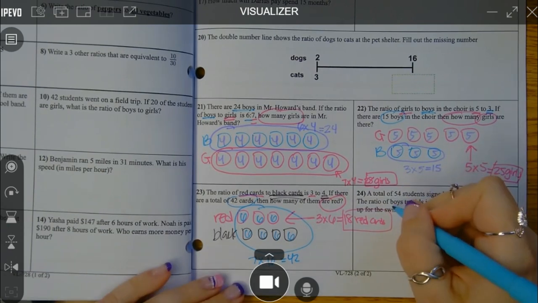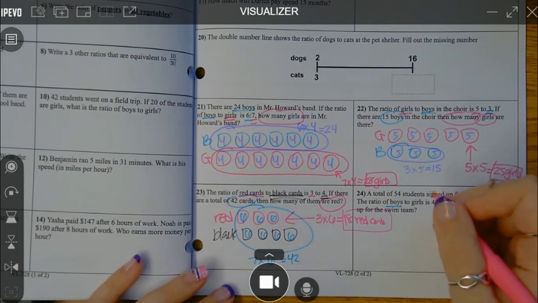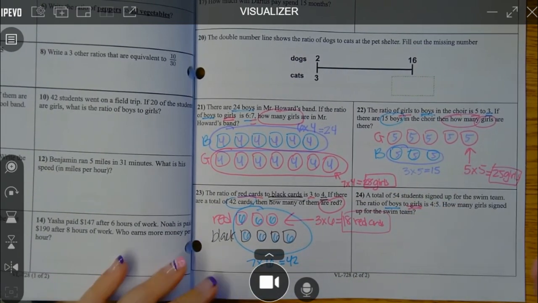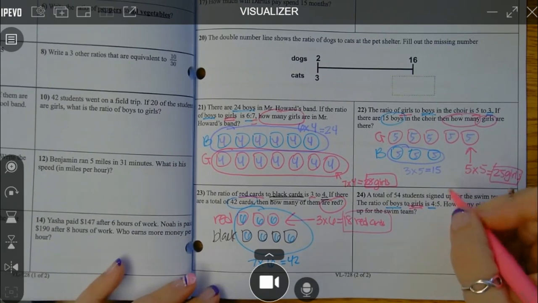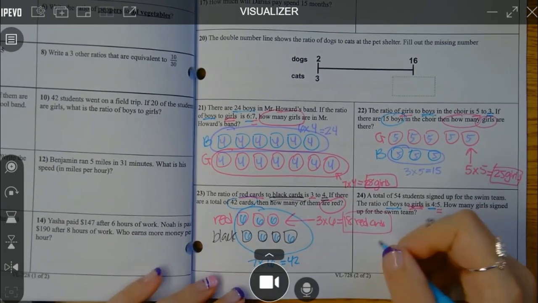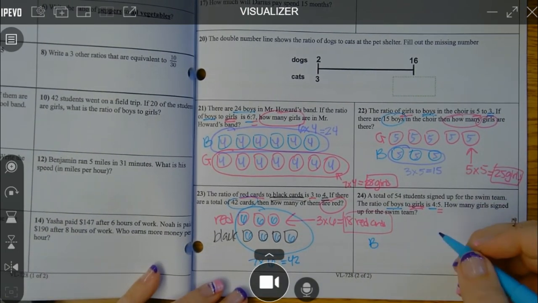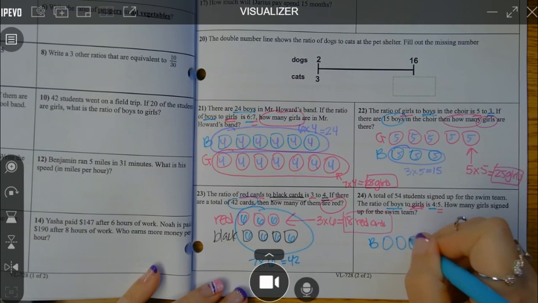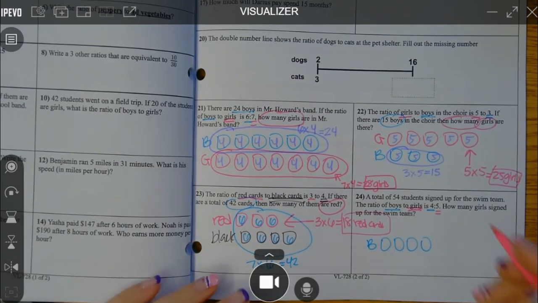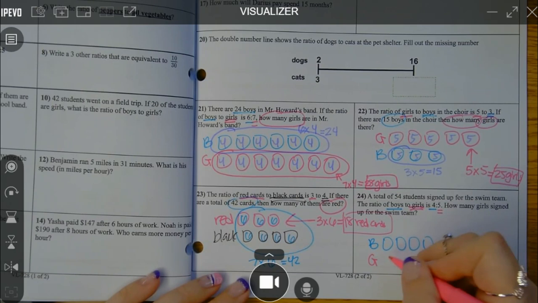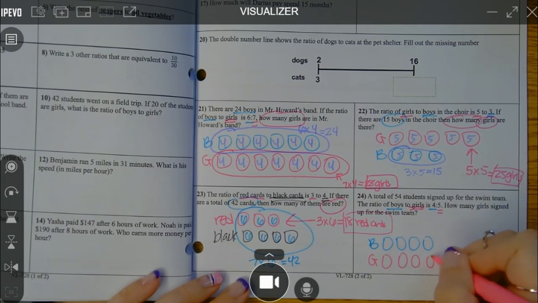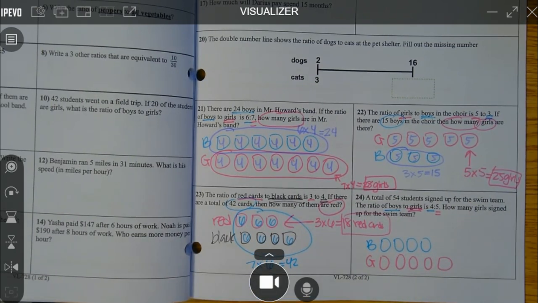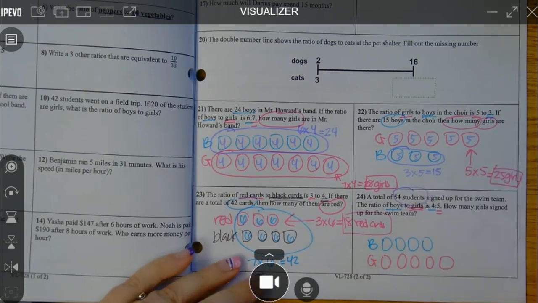It said the ratio of boys to girls is 4 to 5. To represent boys, you should have drawn, that's right, 1, 2, 3, 4 boxes. And to represent girls, how many did you draw? 1, 2, 3, 4, and 5. Now what's that 54 talking about? The total number of students. So which boxes?